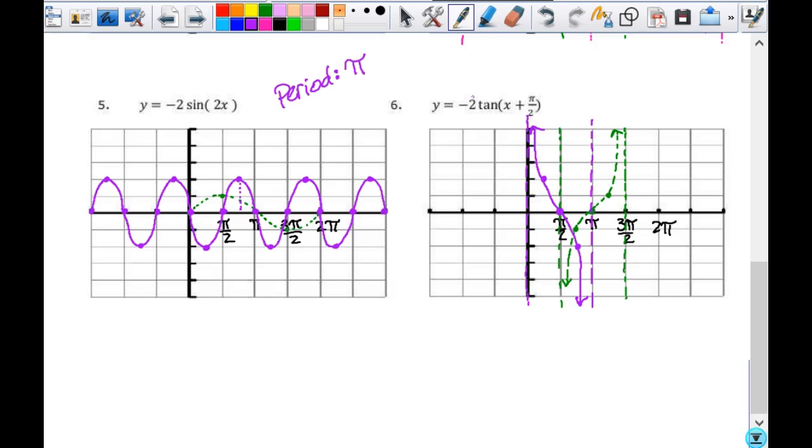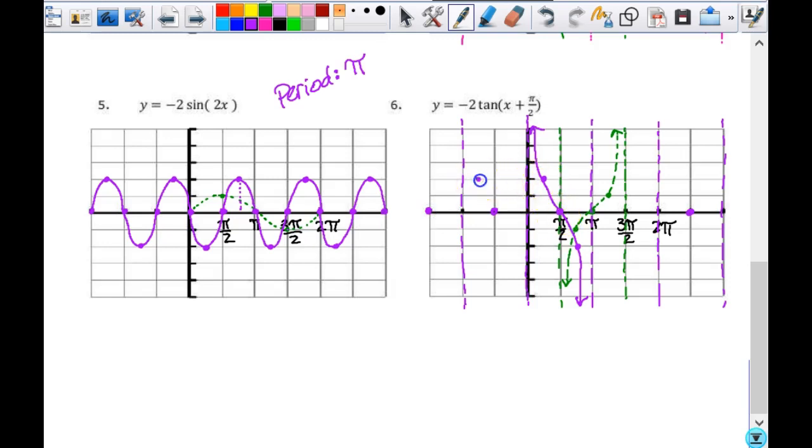So now I just have to repeat this since it's a periodic function. And I see that my period is still pi. So for every pi there, I'm going to have an asymptote. Pi, I get an asymptote. And then in between the middle of those two asymptotes, I get a point.